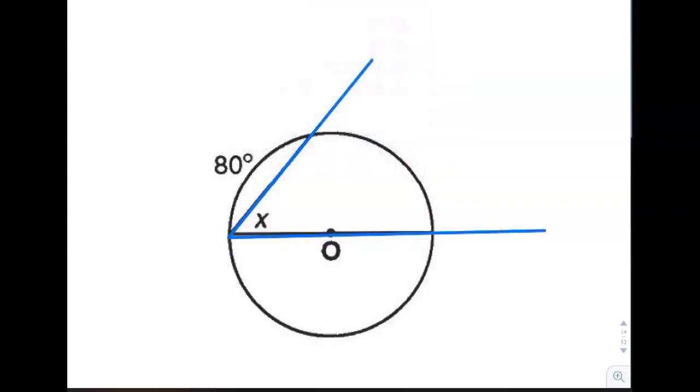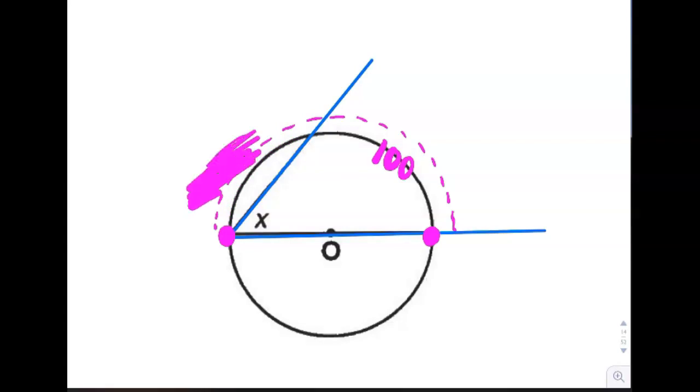Because it goes through the center, which means this is 180, which means this arc must be 100, because over here you have 80, so that must be the 180. So you don't really care about that 80 now, you just care that that must be 50. There's a little extra step in there. That one's really good to understand.